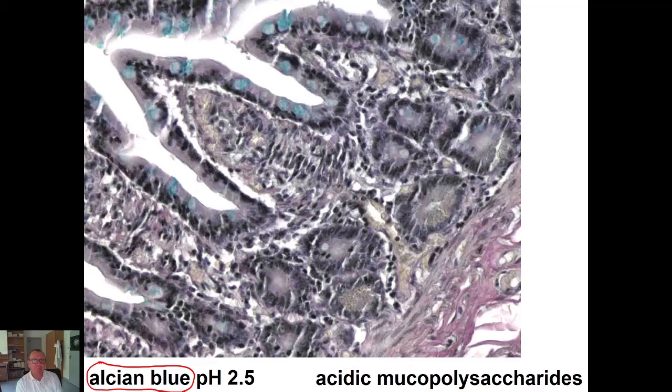And Alcian blue is blue, of course, and so then mucus or this extracellular matrix is blue, so we can see here blue apical parts of goblet cells in the intestinal epithelium. You know this picture, but goblet cells were very light, almost white, never blue in the specimen you saw.